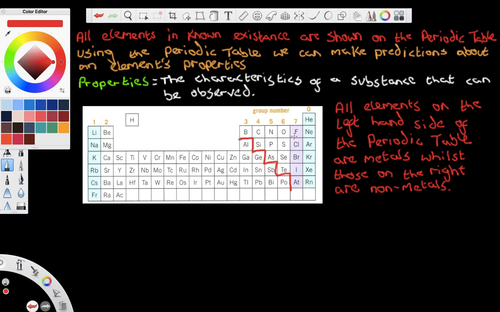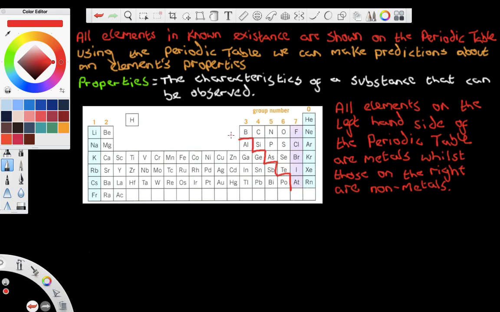Now, interestingly enough, it's not really applicable to this lesson, but we'll talk about it anyway. These elements found near this red line are known as metalloids. Okay? You've learnt in other topics that you've had in science that metals have certain properties and non-metals have other properties. So, for example, metals are shiny.